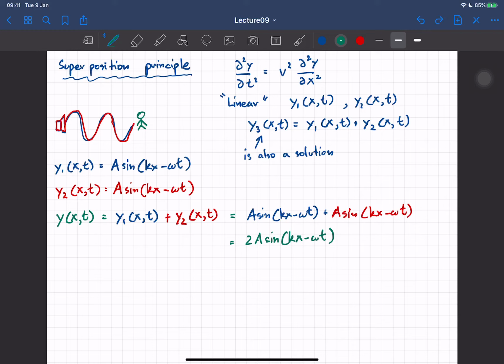Remember, k is the wave number, k is 2 pi divided by the wavelength lambda, so k gives you the information about the wavelength. So the frequency and the wavelength of the resulting wave are the same. The only thing which is different is the amplitude. The amplitude doubles. And this is what we call constructive interference.